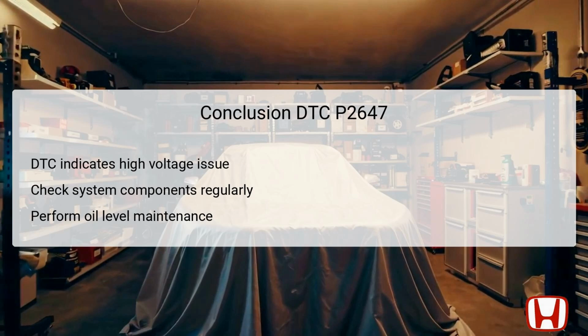Following systematic troubleshooting steps allows for effective identification and resolution of issues, restoring the vehicle to optimal functioning. Preventive maintenance routines, such as regular oil level monitoring and component inspections, are crucial to the vehicle's longevity. This comprehensive approach to troubleshooting and maintenance not only resolves DTCs, but also enhances the driving experience by ensuring the engine operates efficiently.